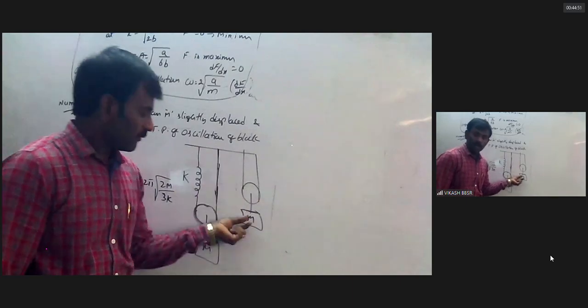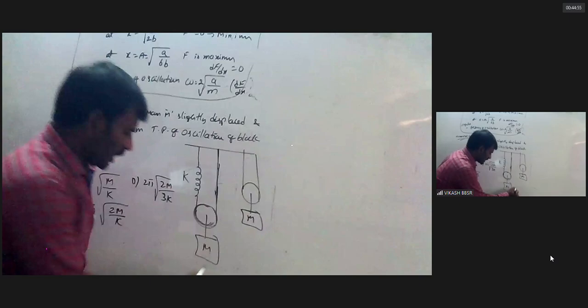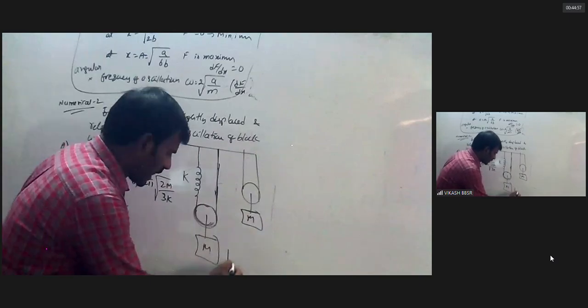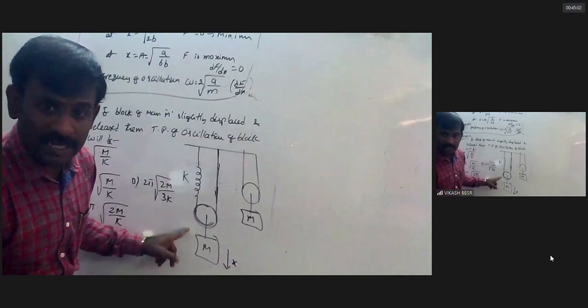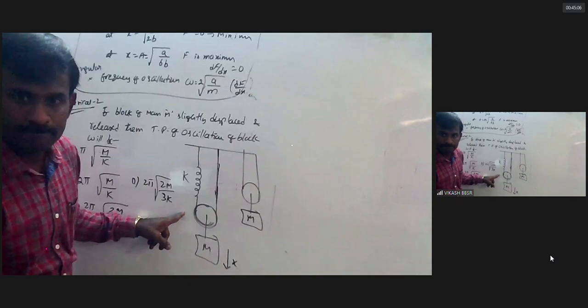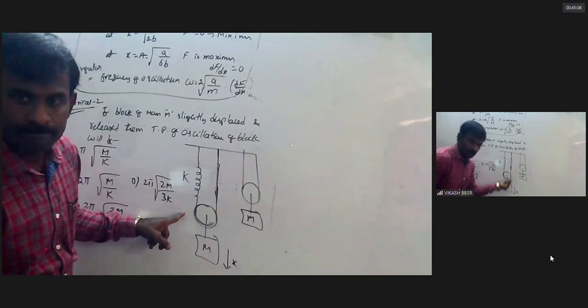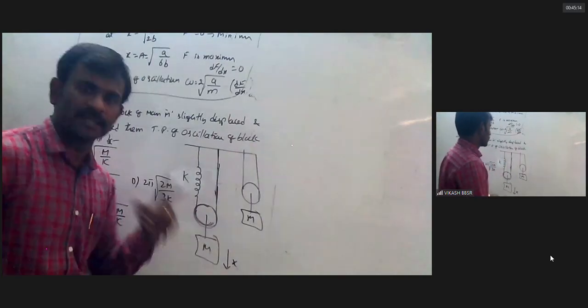If it is slightly displaced down by x, now does it oscillate? Is it pushed down and released? Does it oscillate? Yes, because of the spring. Now you can go directly.